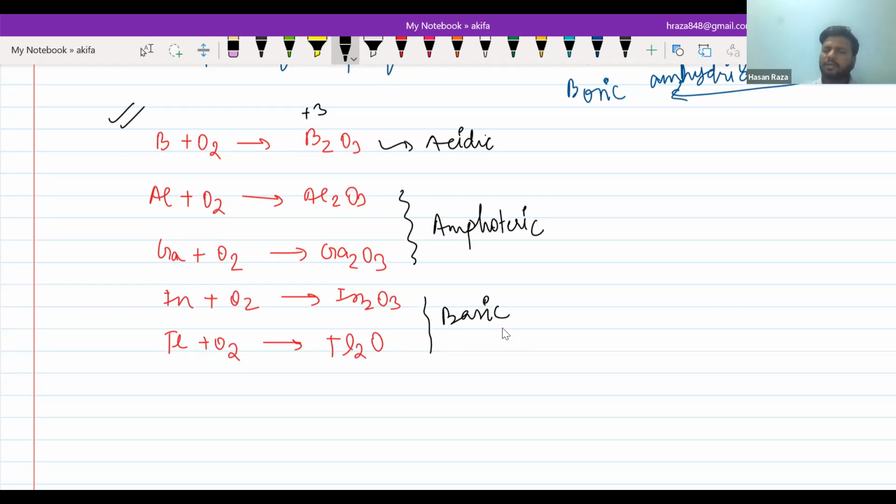Since they are metals, the metallic oxide is basic in nature. Just write it. Done. Very good.